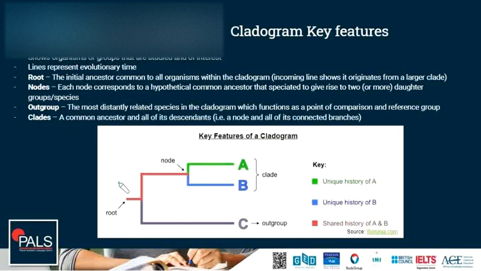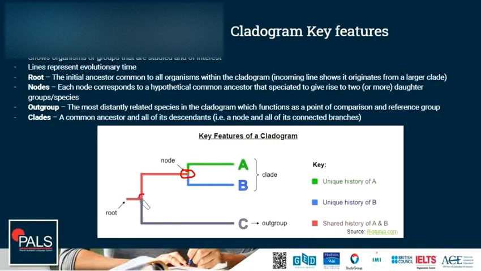The root is the base, the initial common ancestor of all the organisms in your cladogram. And that's the incoming line, and it originates usually from a larger clade. The nodes, which we can see here, for example, this is a node.